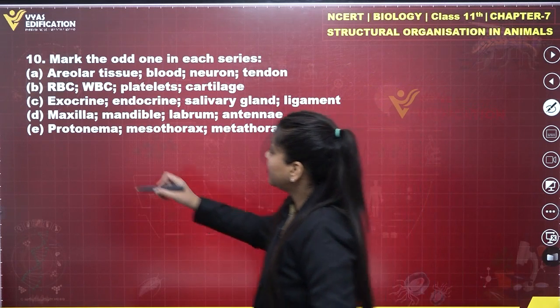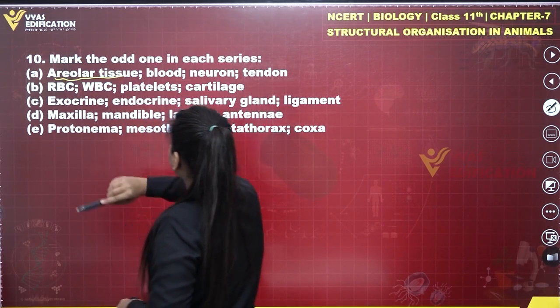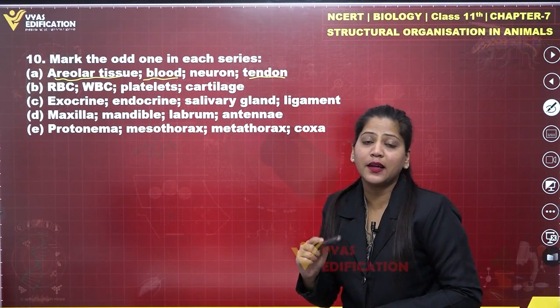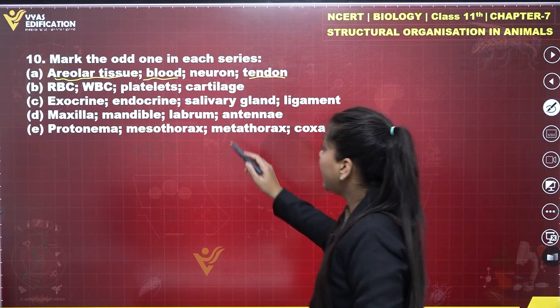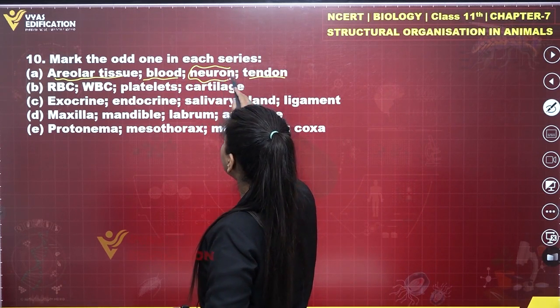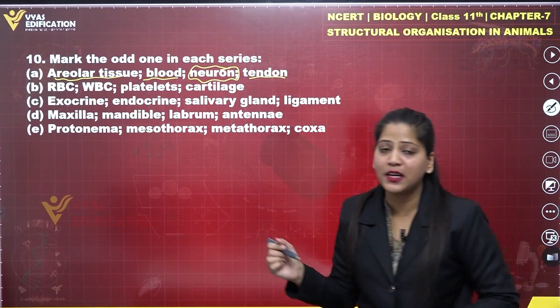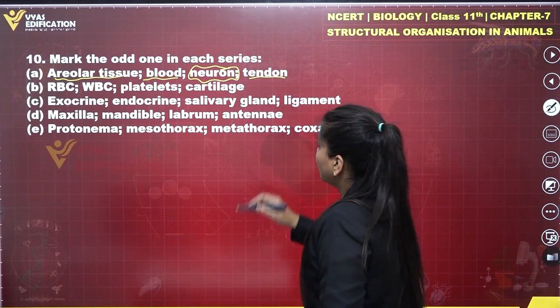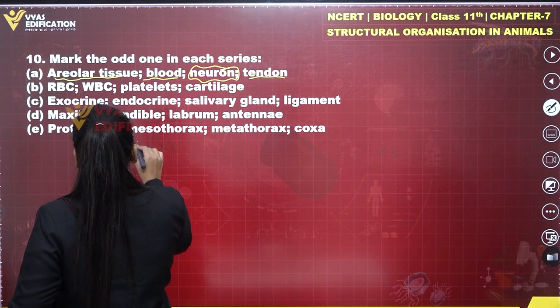Now see, areolar tissue, blood and tendon are examples of connective tissue, whereas you will see this neuron is the odd one out in this series because it is a type of neural tissue. So what is the odd one out in the A series?